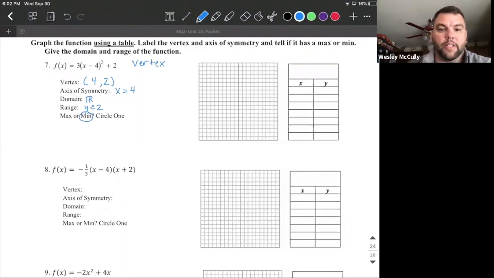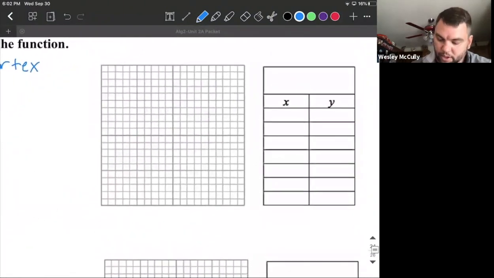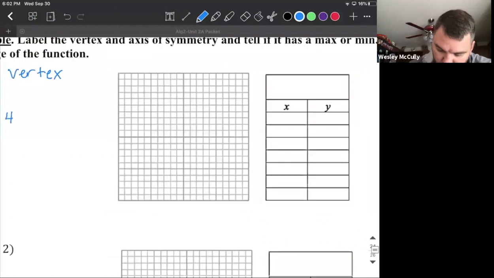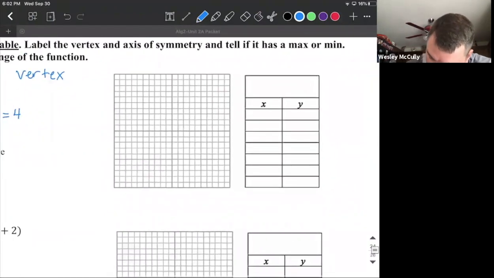Okay, now I'm ready to graph the equation. And I'm going to use my vertex at 4, 2. So I have 1, 2, 3, 4, up 2. Here's my vertex. I'm going to plot or graph my axis of symmetry.